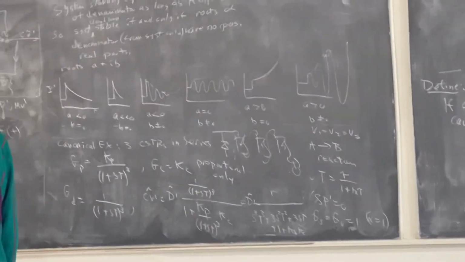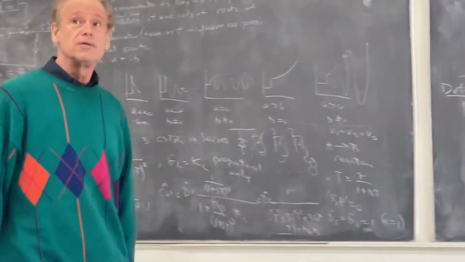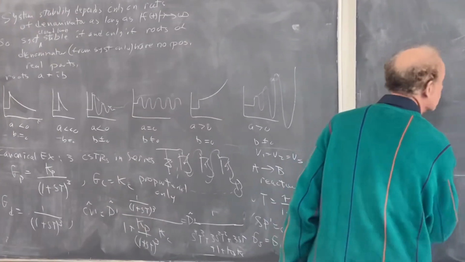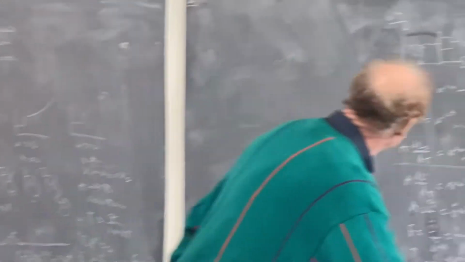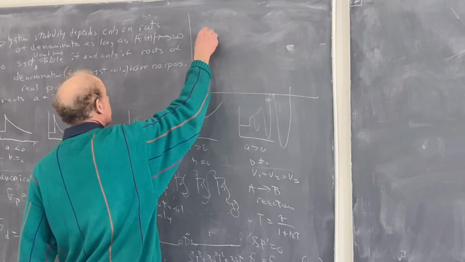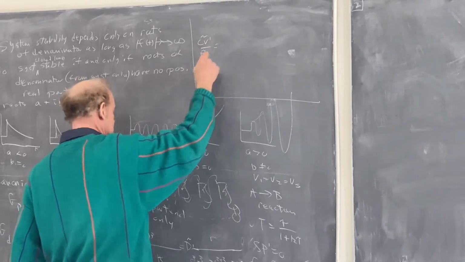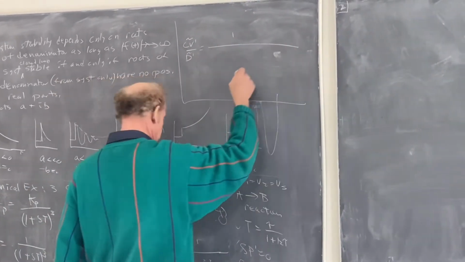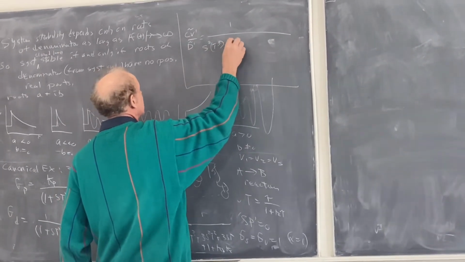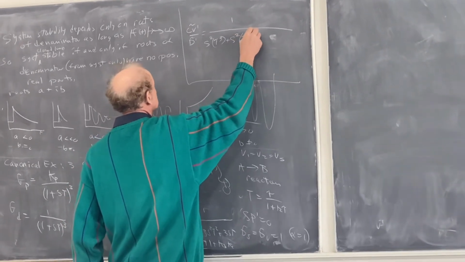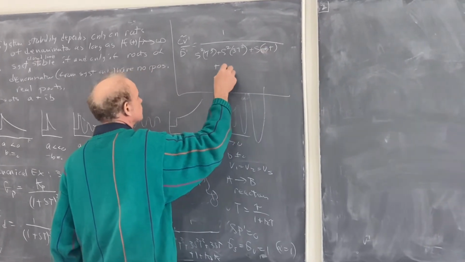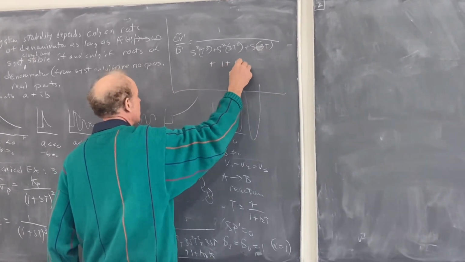Can you see that denominator, or do I have to rewrite it bigger? Then I'll just rewrite it. So again, CV prime tilde over D prime tilde is equal to 1 over S cubed tau cubed plus S squared times 3 tau squared plus S times 3 tau plus 1 plus KP KC.